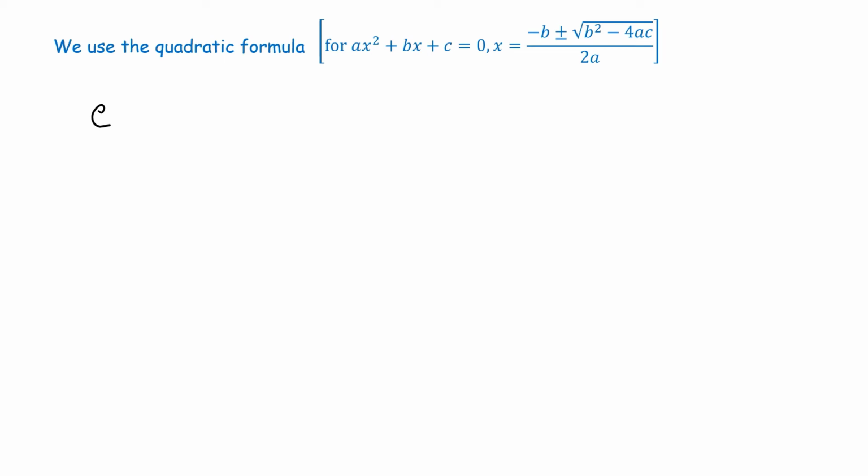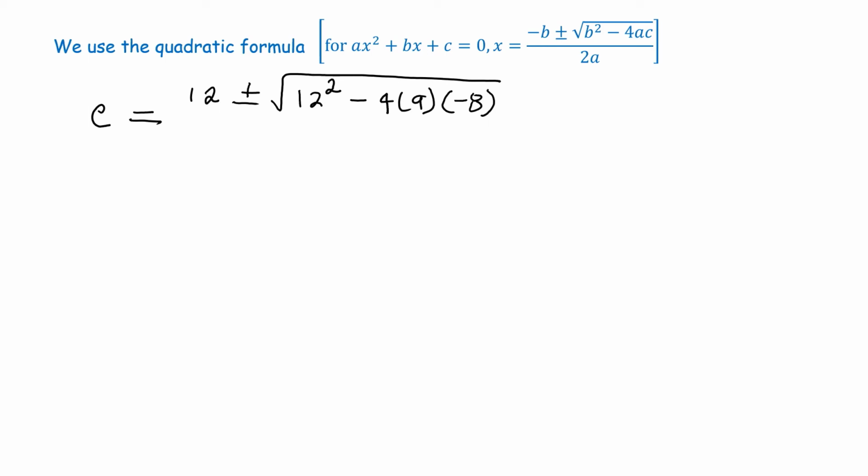Using our quadratic equation, c is equal to, the b was negative 12, so the negative of negative 12 would make it plus 12, plus or minus the square root of b squared. And so that would be 12 squared minus 4, a is 9, c is negative 8, and all of this is divided by 2 times a, which is 9. Let's do the arithmetic carefully.